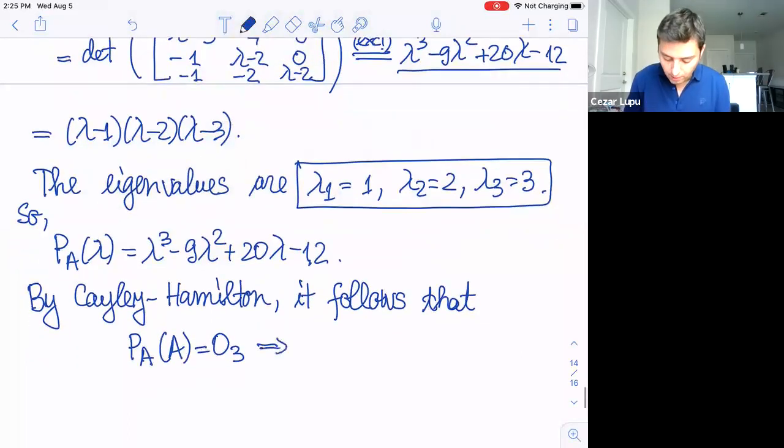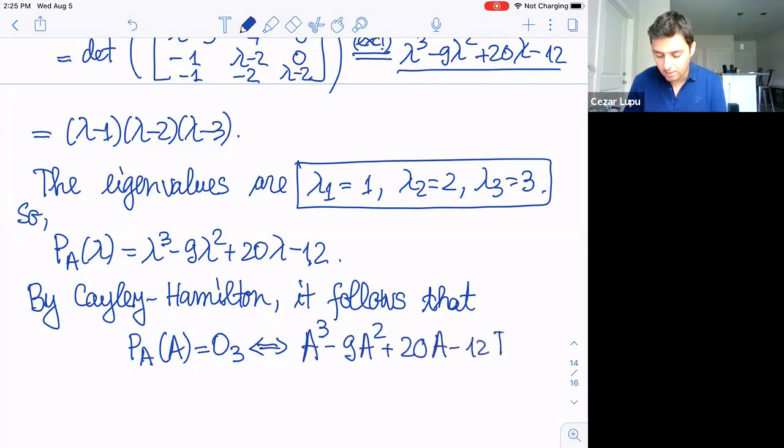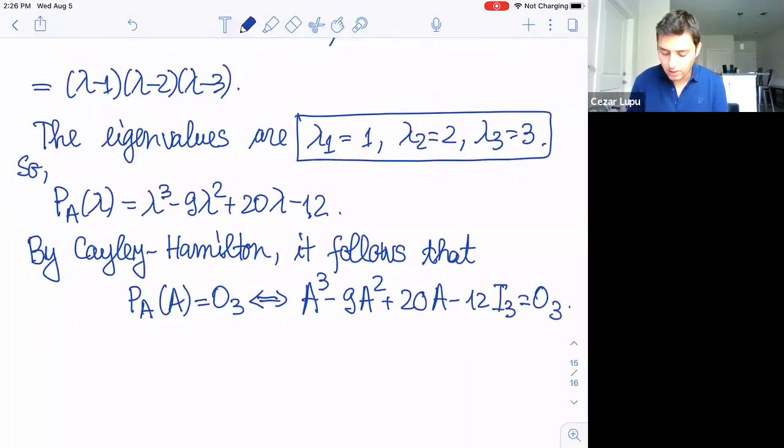Or this will be equivalent with what? Let's look at who P_A of lambda is. So we'll just replace lambda by A. So it will give us that A cubed minus 9A squared plus 20A minus 12 times the identity. Pay attention here, I_3, sorry, not I_2, is 0_3. That's what we get.